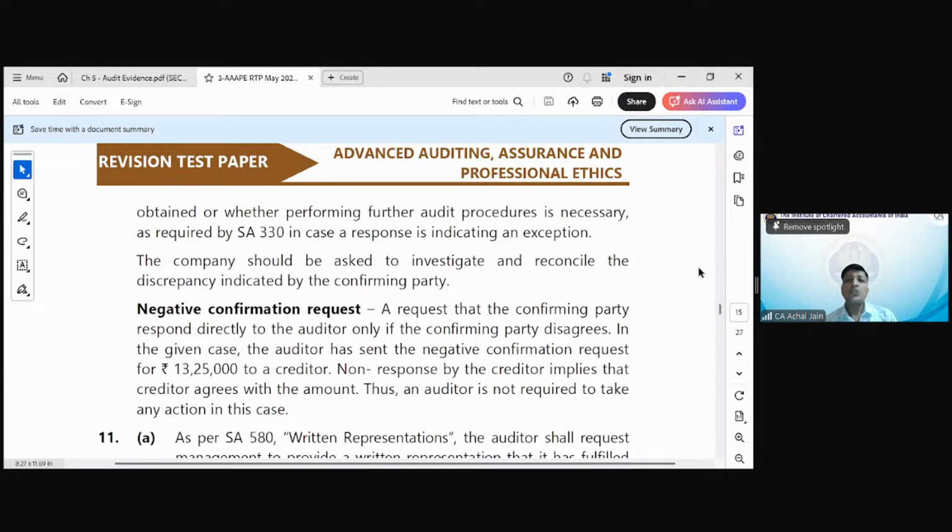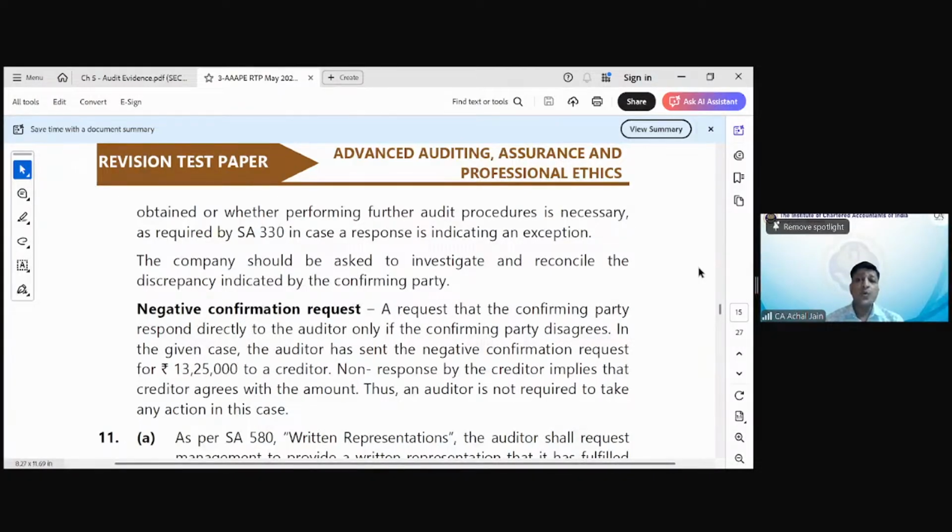So a request that the confirming party respond directly to the auditor only if the confirming party disagrees. What do you call this type of confirmation? Negative confirmation request. In the given case, the auditor has sent a negative confirmation request for 13.25 lakhs to a creditor.